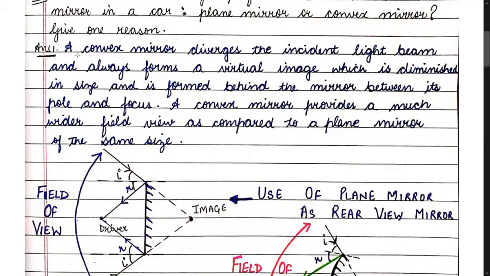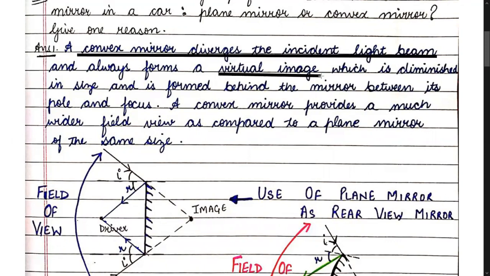So children, we are using convex mirror which diverges the incident light beam and it always forms a virtual image which is diminished in size and is formed behind the mirror between its pole and focus.